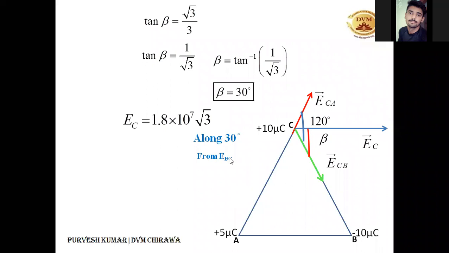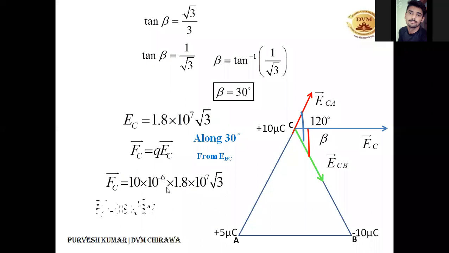Now they have given you in the question that if a charge of 10 microcoulomb is placed at C, then what will be the force on that charge? That we can easily find out by using the formula Fc is equal to Q into EC. Q we know is 10 microcoulomb, that is 10 into 10 to the power minus 6, and EC we have just found out, 1.8 into 10 to the power 7 root 3.